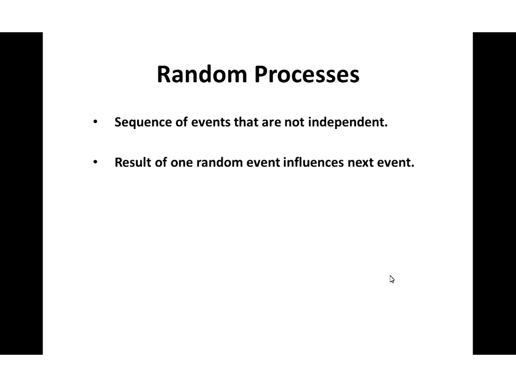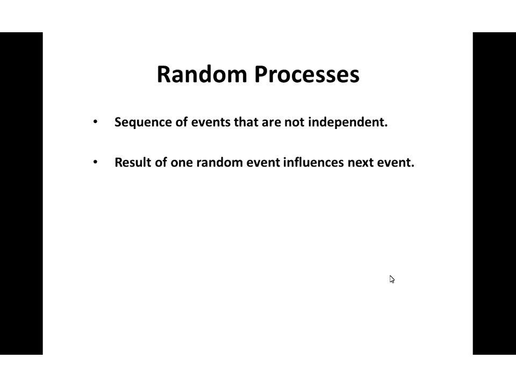So now that we understand how to model random events and large collections of independent random events, the next thing to talk about is random processes. So here what we're talking about is a sequence of events that are not independent of each other.